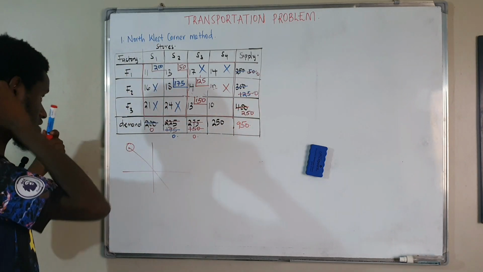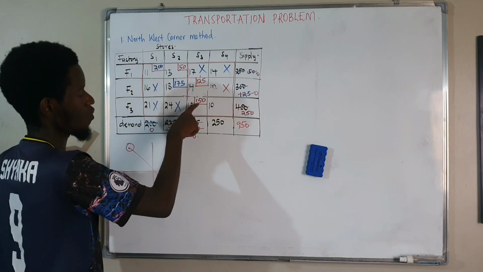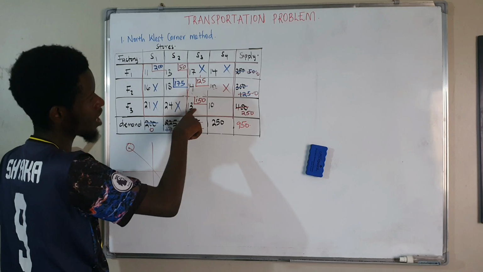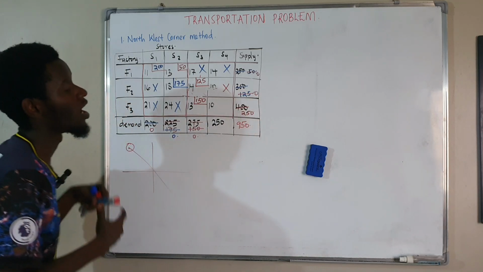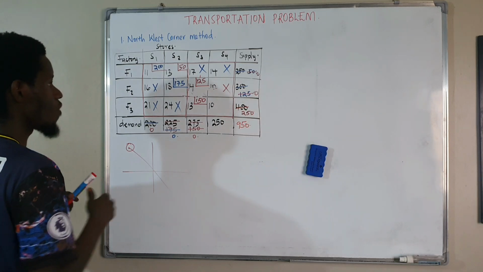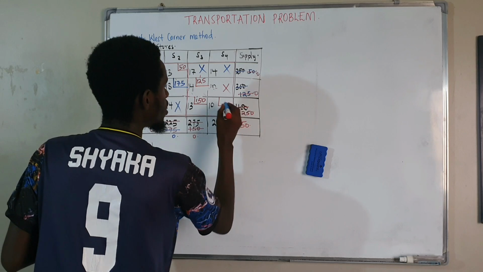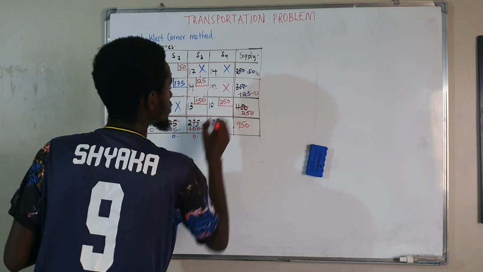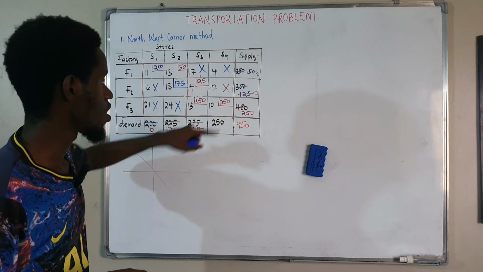If factory 3 supplies 400 and has supplied 150 to store 3, it will be left with 250 items on the supply side. Therefore, on this left box we shall only have 250.